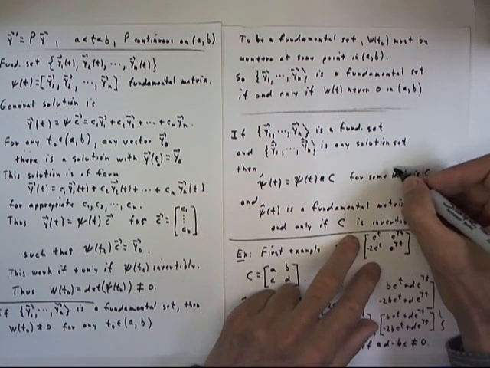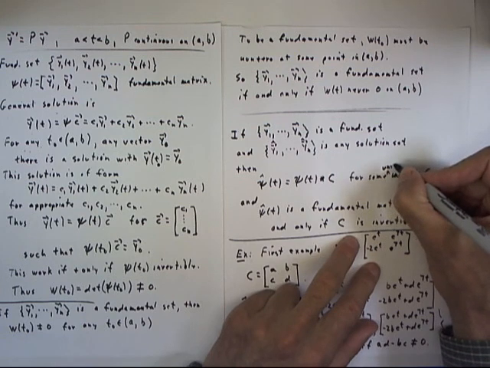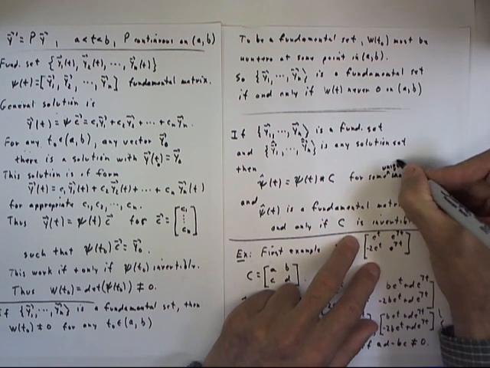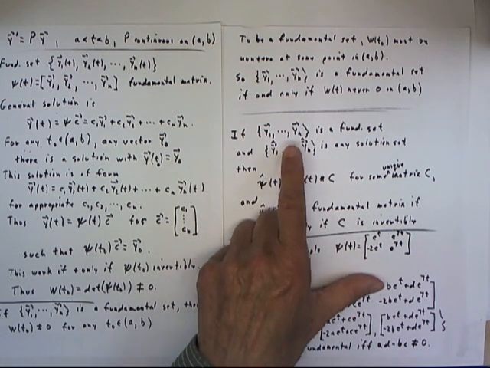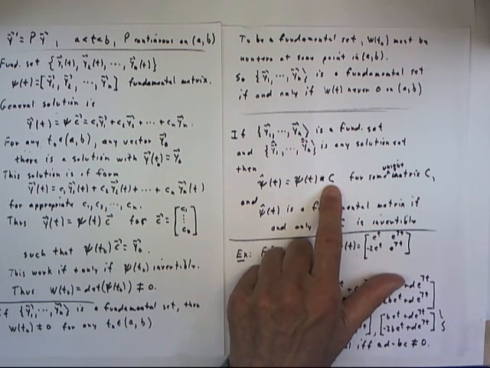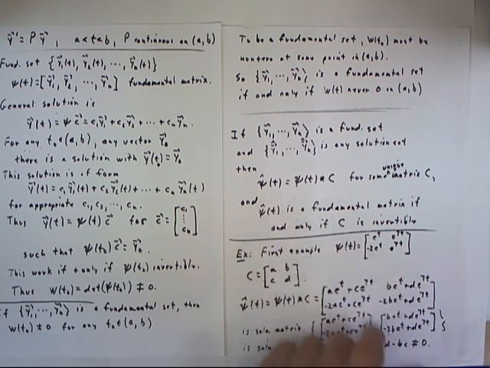And I can even put a stronger word in here. This matrix C is unique. There's just one such matrix. So for any solution set, there is one and only one matrix that connects the solution matrix to the fundamental matrix.